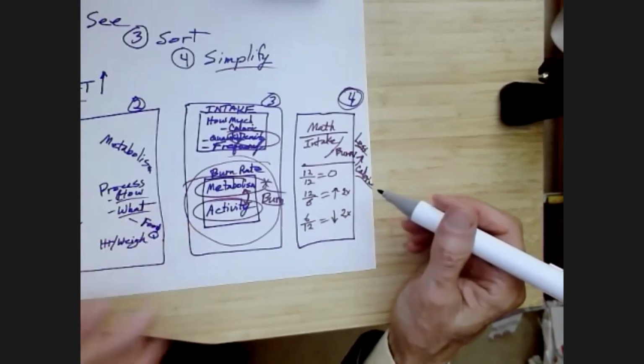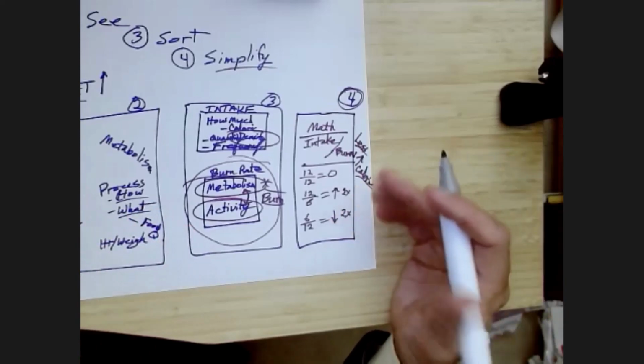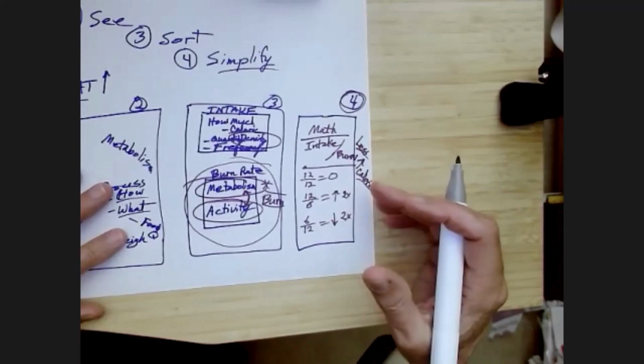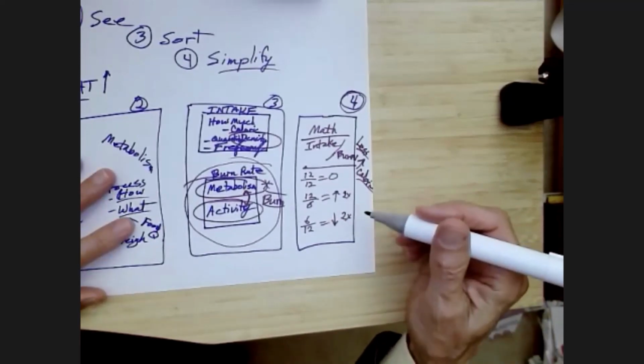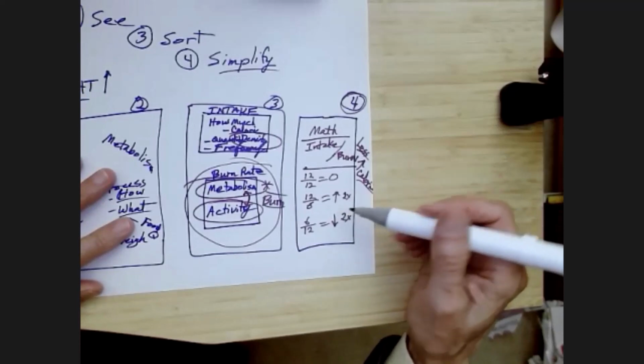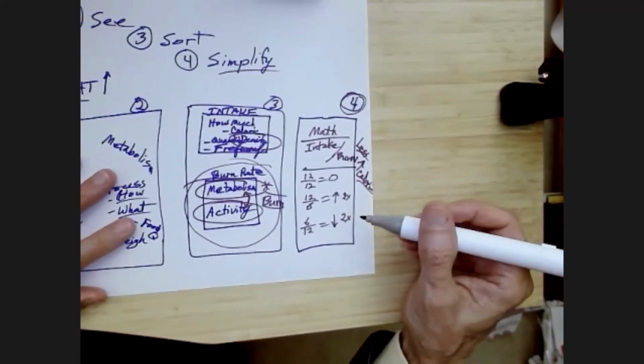And that's why when you start eating, as they would say, more vegetables, things with more bulk or mass to them without the calories, you're actually taking in less calories, and that's going to match to your burn rate.